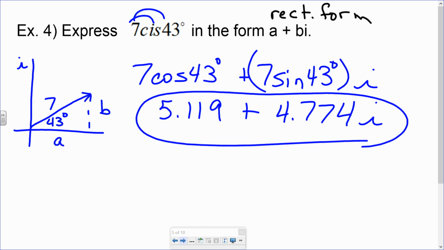Does this seem familiar to what you were doing with i hat and j hat? For the horizontal i hat, is it equal to r times the cosine of the angle? Just like we did here. For the vertical part, the j hat, didn't you do r times the sine of the angle? Very same thing. I'm going to do another one that has these same directions. It's going to start off with cis and say convert it.